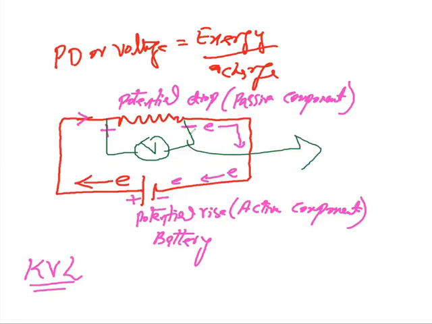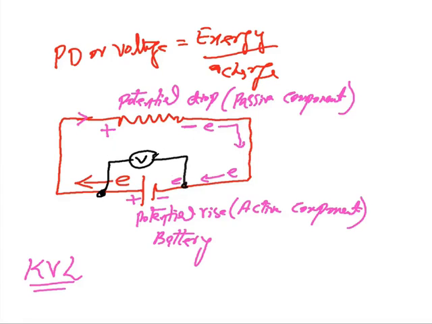Your question is why we connect the voltmeter in parallel. You can connect the voltmeter across the battery if you want to find its voltage.